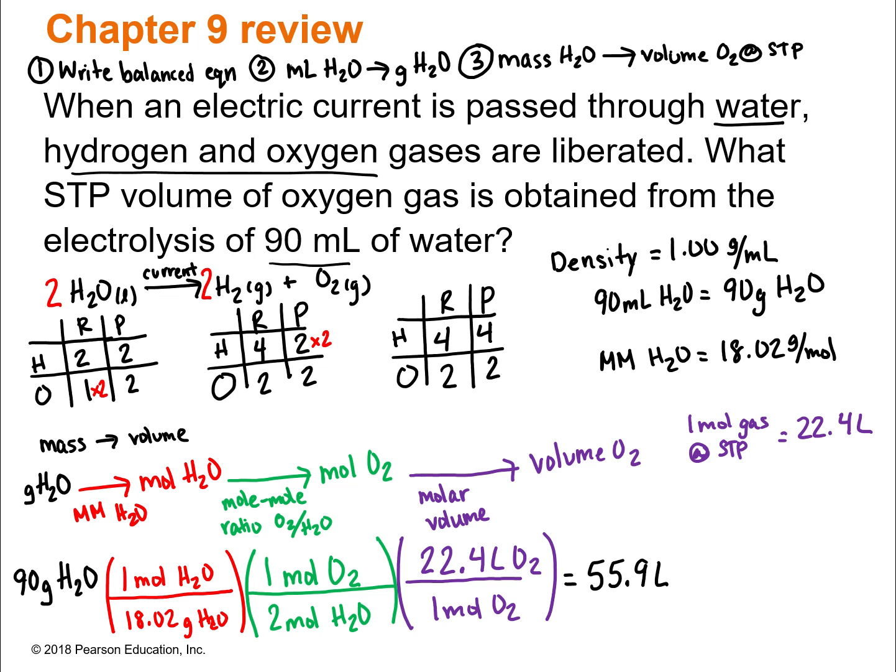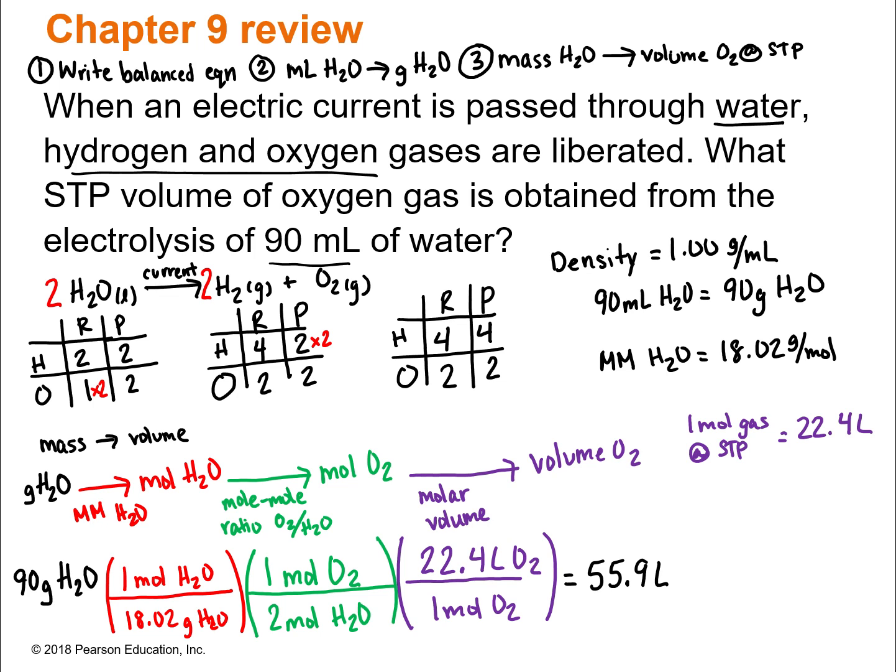Now, I just chose 90 milliliters, just kind of out of a hat. So that may not have been the variable that you got. But the process is the same. So hopefully that makes it make a little bit more sense to you. Again, the key things were writing a balanced equation, because you have to have that for stoichiometry problems.